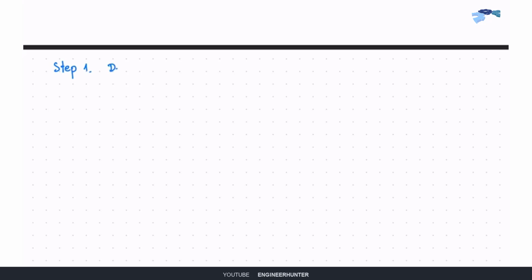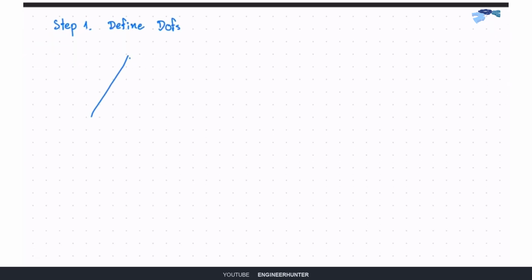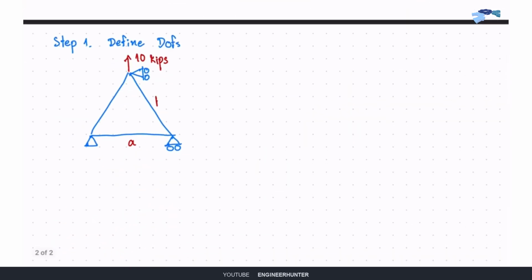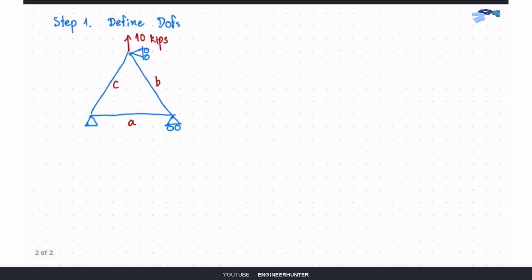So step 1, define the degrees of freedom. So I'm going to draw the structure again. Now we have a load here. So this is A, B and C. We have node number 1, 2 and 3.